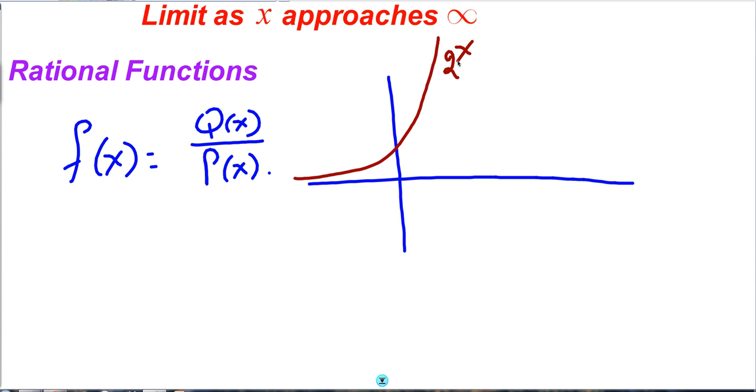For example, the limit as x approaches negative infinity of 2 raised to the power x is just from your graph. You are just going to look at negative infinity. This is this way. So 2 raised to the power x is getting close to what? To 0, right? So it is 0.